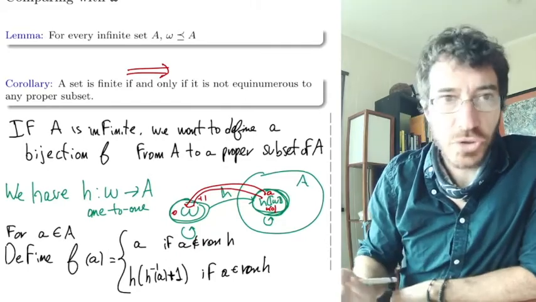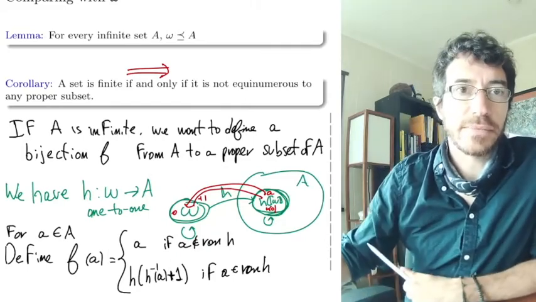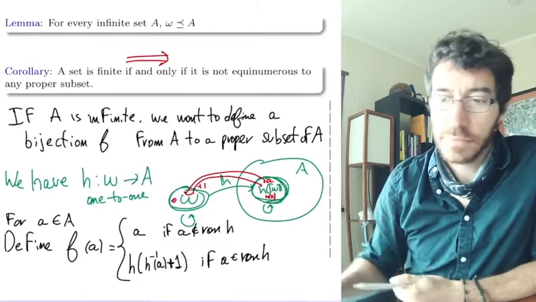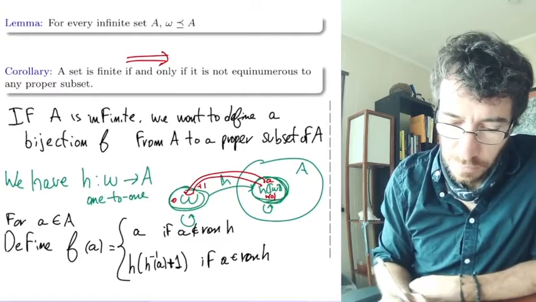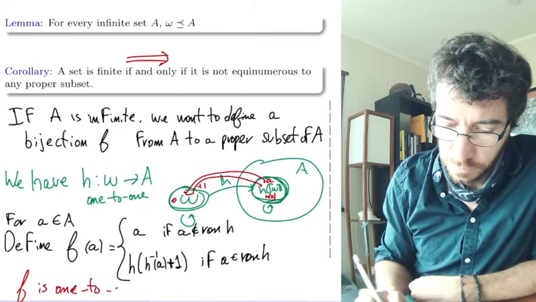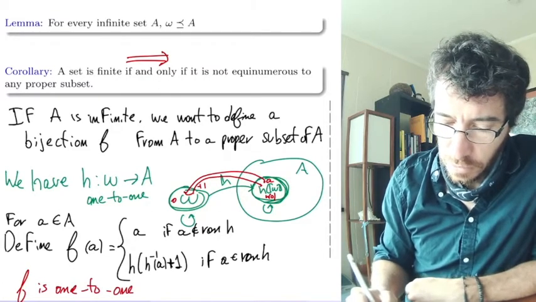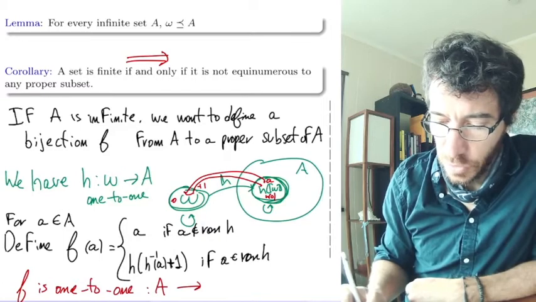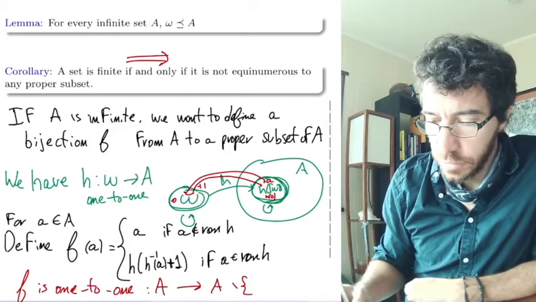Yeah. So what are we getting right here? F is 1 to 1, and it goes from A to A, and it's leaving out the image of 0, right?